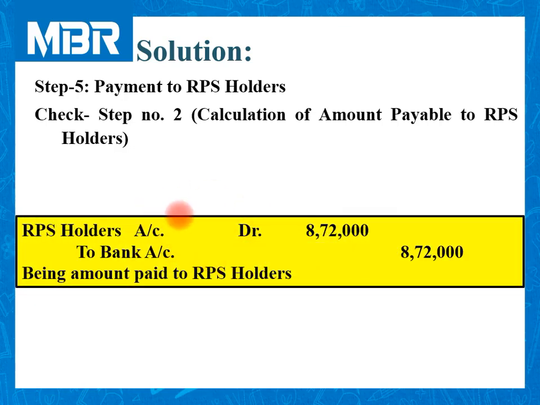Journal entry for the transaction: RPS holders account debited rupees 8,72,000 to bank account 8,72,000, being amount paid to RPS holders. With this, our step number 5 comes to an end.